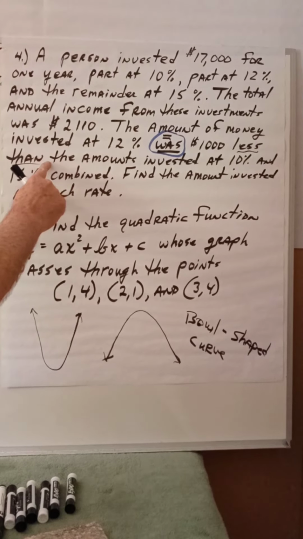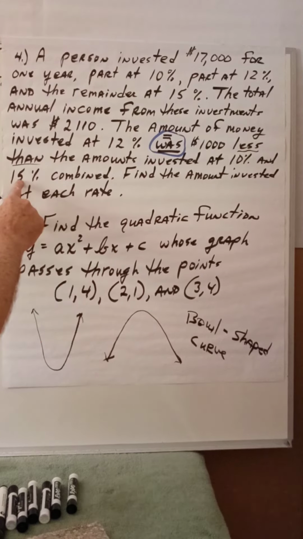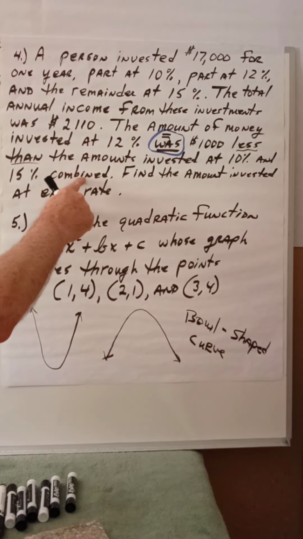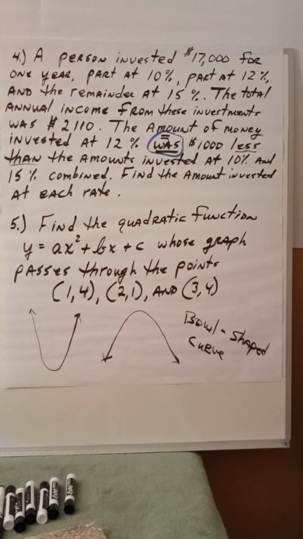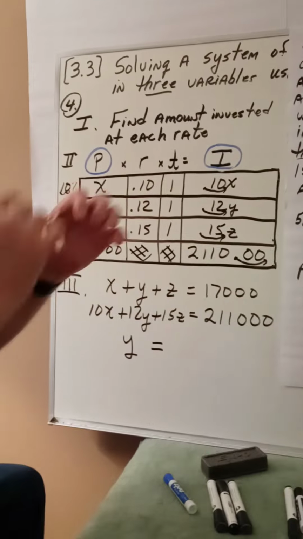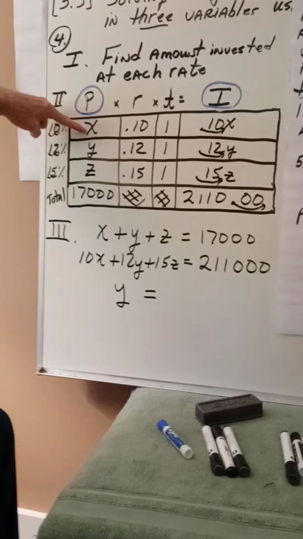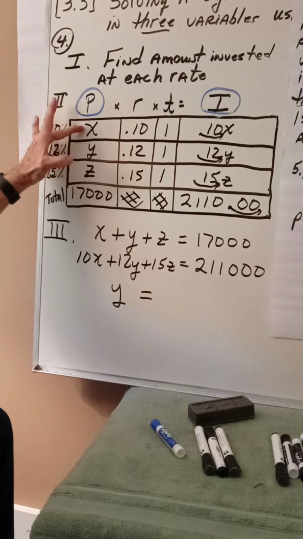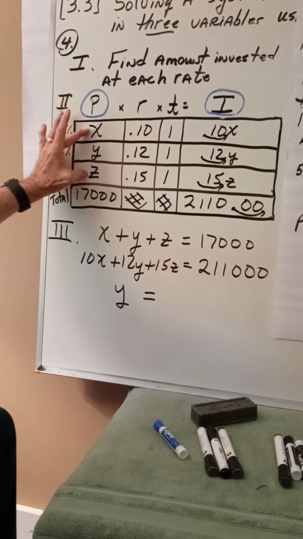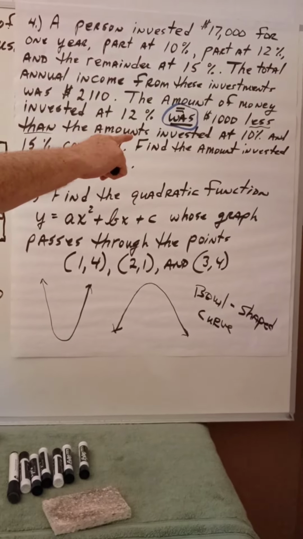Let's look at the words that come after less than: the amounts invested at 10 and 15 combined. The amount invested at 10 and 15 added together, combined. The amount invested at 10 was x. The amount invested at 15 is z. Those two investments combined, they're written first. Whatever comes after less than is translated first.